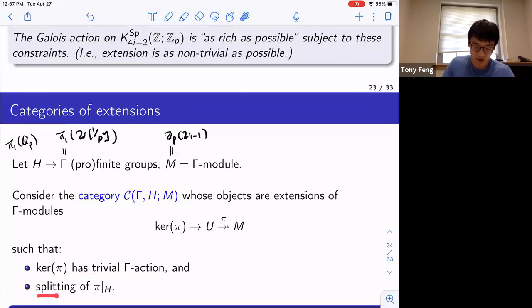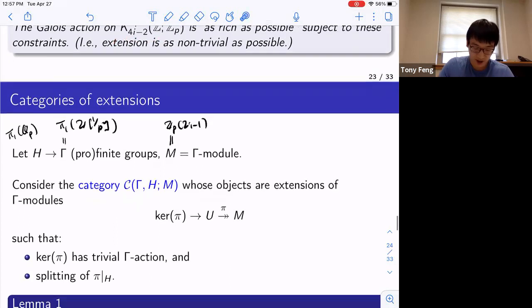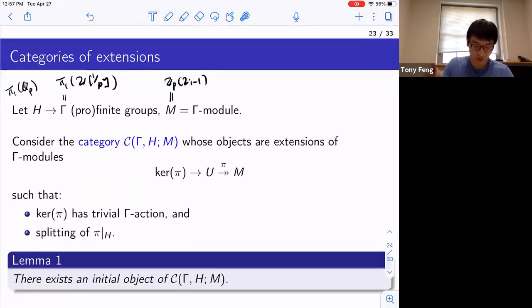And then something which is less clear a priori that you should put in there, but we ask for a splitting of the restriction of this extension to this group H. This definition is modeled on what we expect to see in symplectic K-theory. And a short lemma will show that this kind of category will always have an initial object. This is one of the reasons we put in a splitting, to rigidify it enough so that this is true.